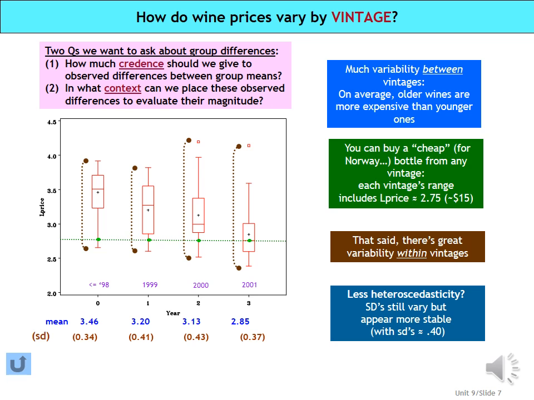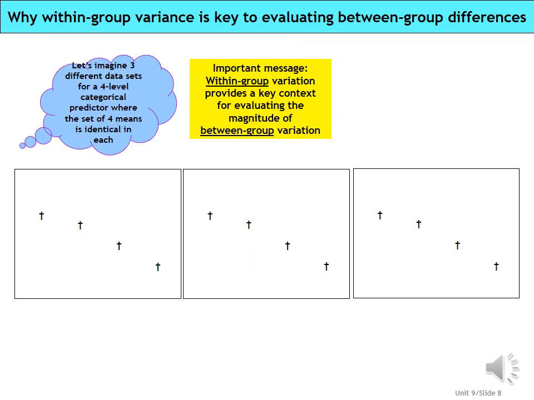That's another thing that we're going to look at. The variations are kind of big in here. Let's investigate this context issue and this trust issue for the mean.